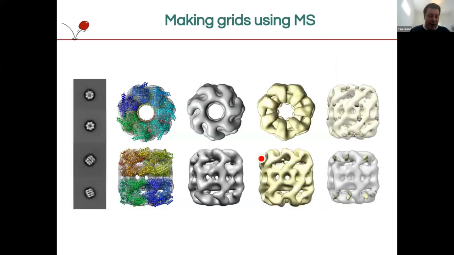And we have done reconstructions of these. So this is 2D class averages from the data I just showed you. You can make reconstructions that look a lot like cryo-EM. The gray structure here is the landed through the mass spec structure. The yellow structure is the conventionally stained structure. And they're very, very similar.